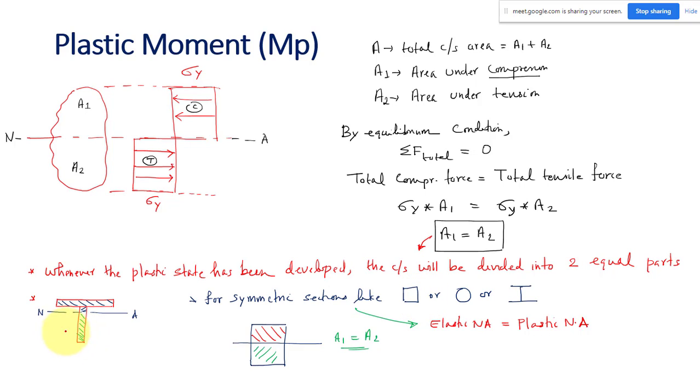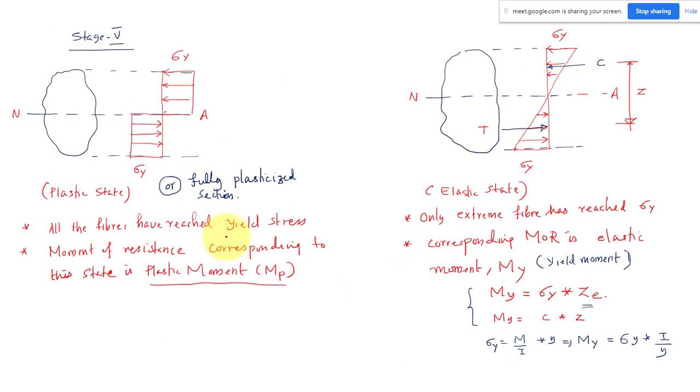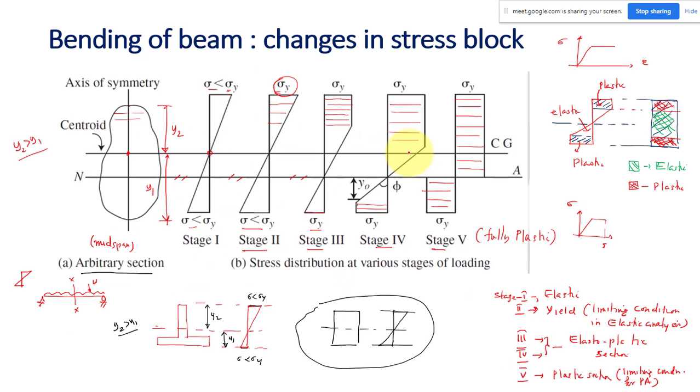But if you have an unsymmetric section, the plastic and elastic neutral axis will be different. Many times in the GATE exam, a section will be given and they will ask you to find the gap between the elastic and plastic neutral axis.